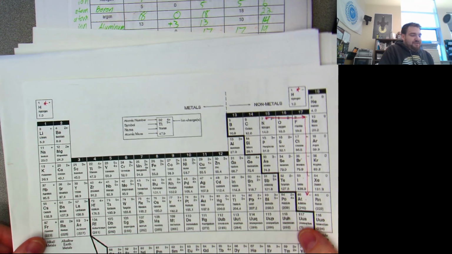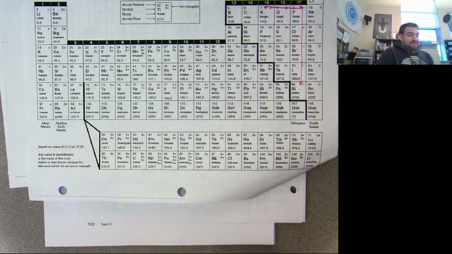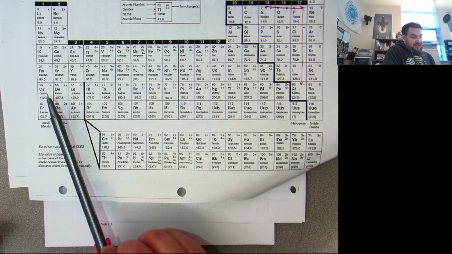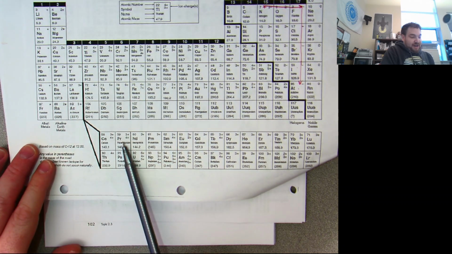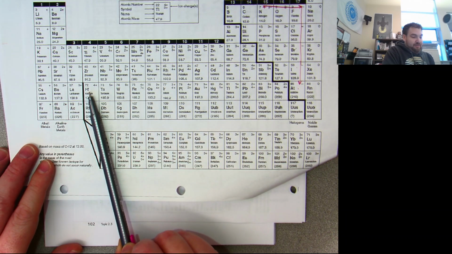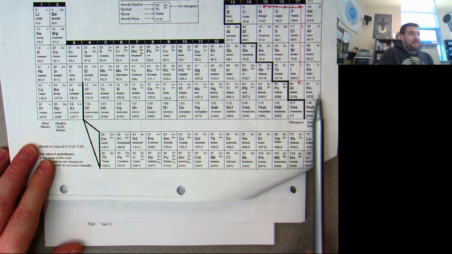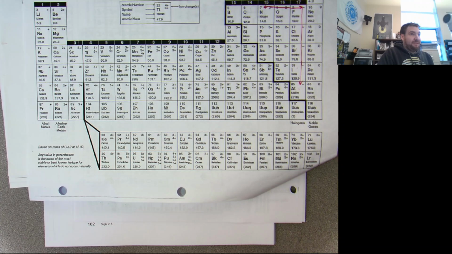What about the bottom 2 rows? Yeah. Like this row would go 55, 56, 57, 58, 59, 60, all the way up to 71. And then it would jump back over here and continue this way. Yeah, that is still true.